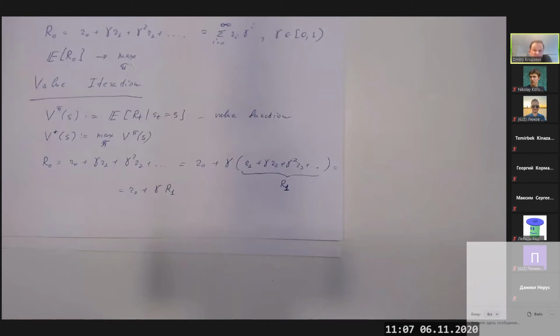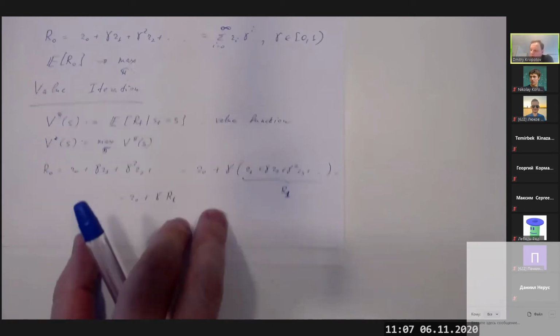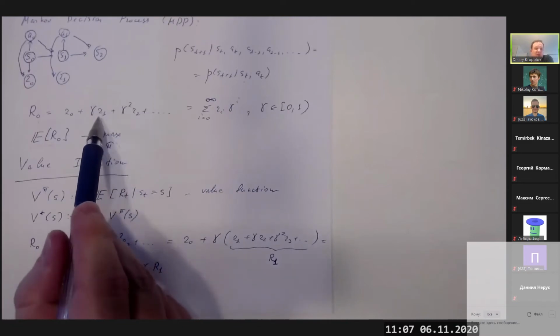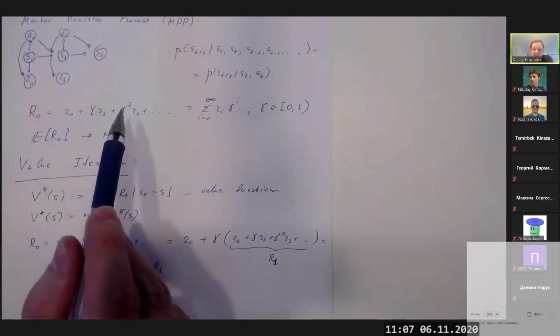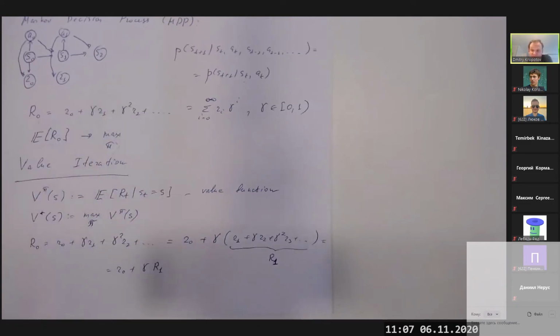And this is, by the way, the reason why we are introducing the discounting factor in this particular way, using a geometric series. So in principle, it is possible to consider here an arbitrary monotonic decreasing function in time. We should somehow account for the fact that getting a reward at the next time moment is worse than getting the same reward at this time.